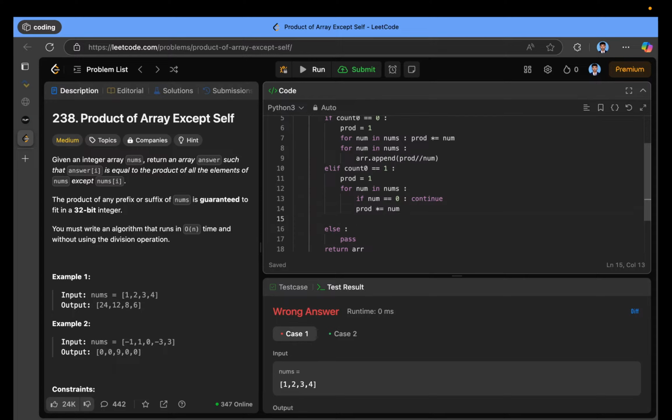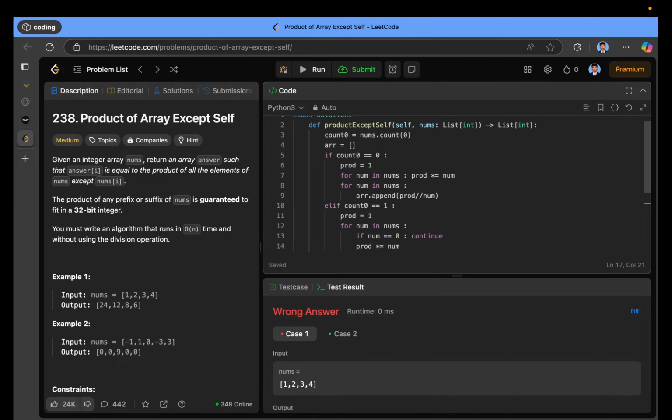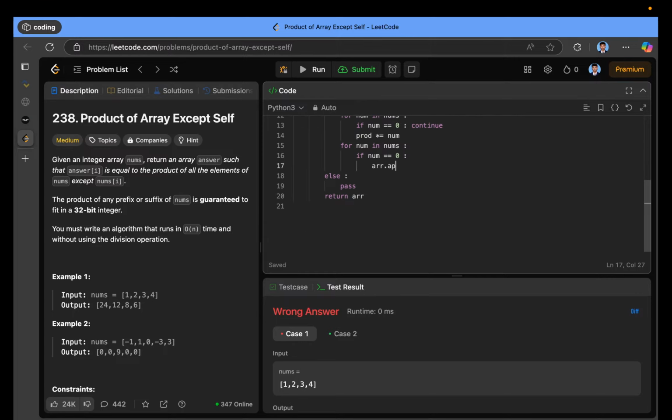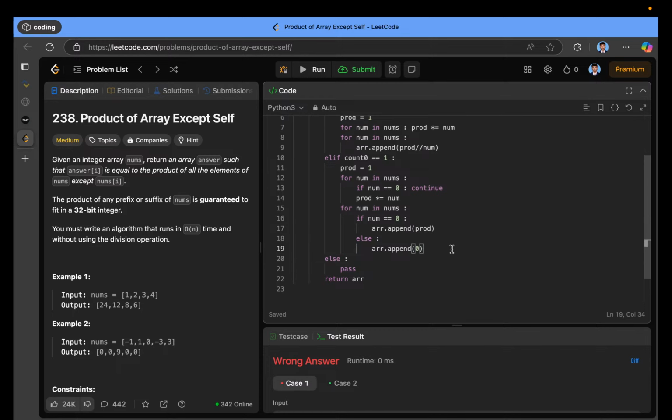Okay, now I found the product, and now I have to find the location. For num in nums, if num == 0, then arr.append(product), else arr.append(0).